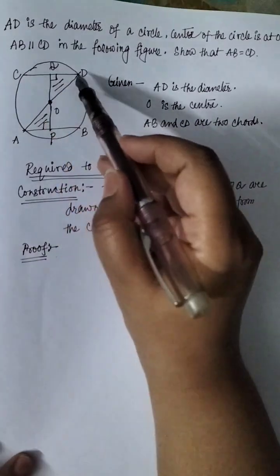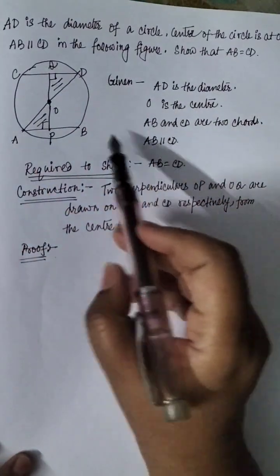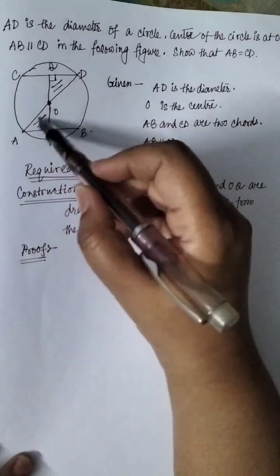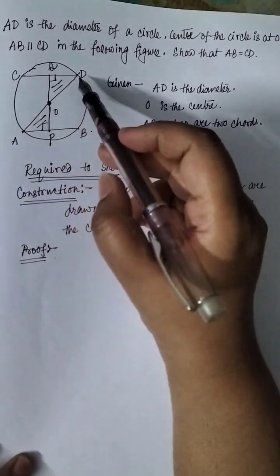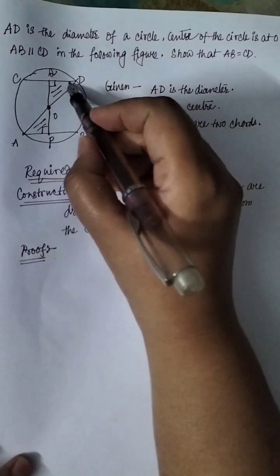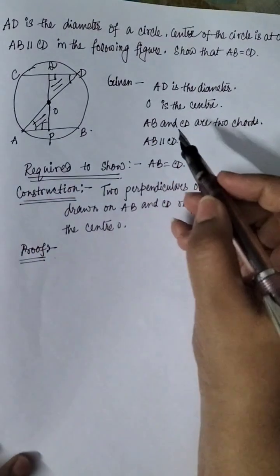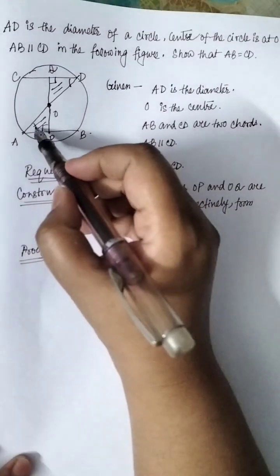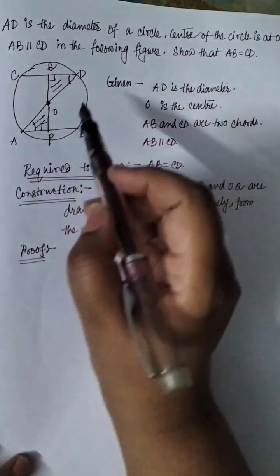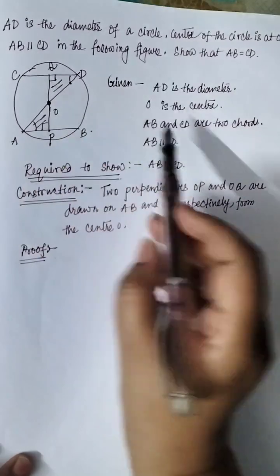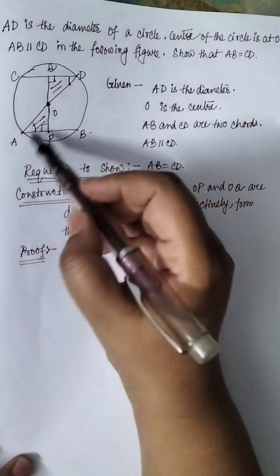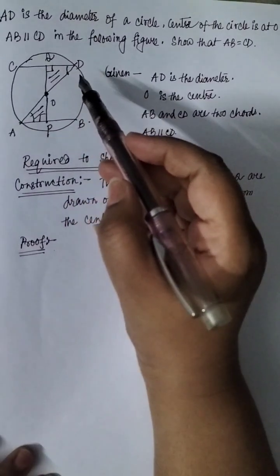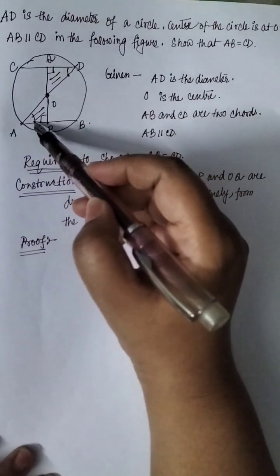Secondly, CD is parallel to AB and AD is the diameter, so it is the transversal. So these two angles will be equal as they are alternate interior angles, because AB parallel to CD is given already in the question, and AD is the transversal.